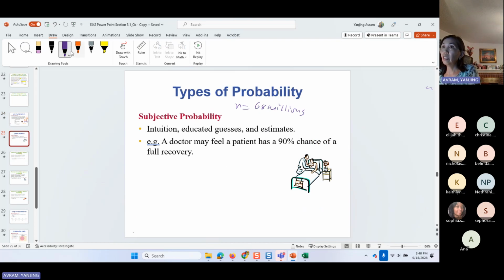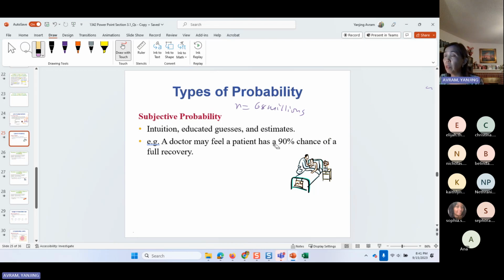Subjective probability is based on an educated guess or estimate, right? So a doctor might feel a patient has a 90% chance of full recovery. Well, because the doctor has gone through medical training, they can estimate that way. So that is called subjective probability. This is based on an educated guess or estimate.